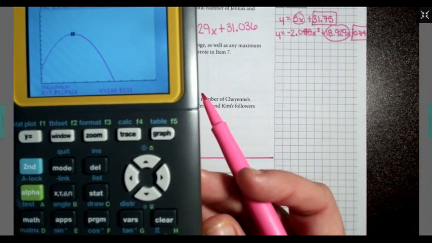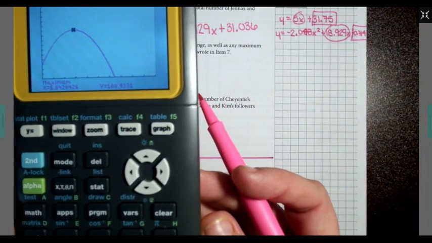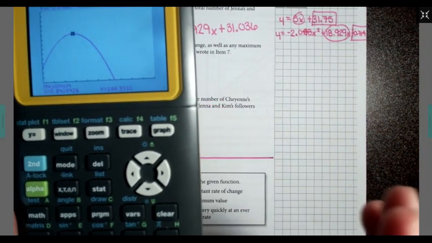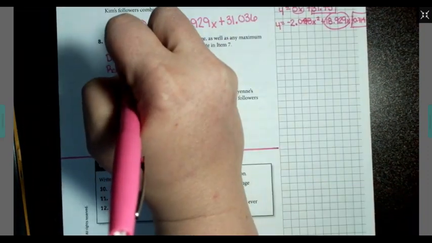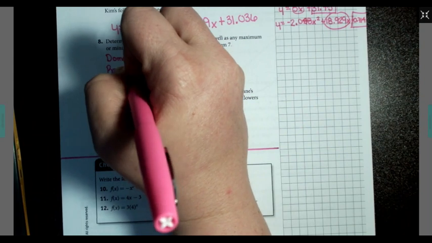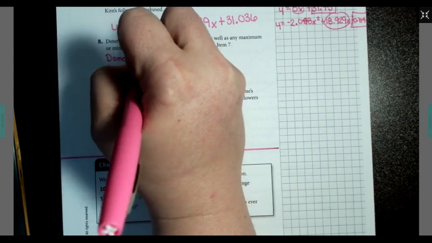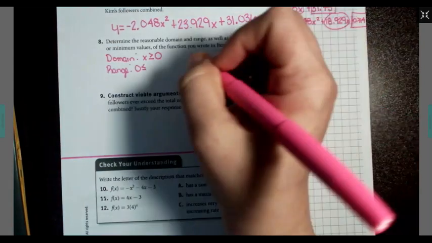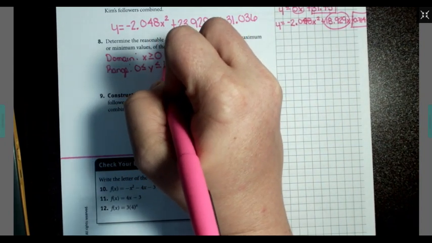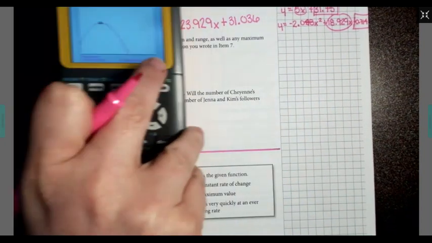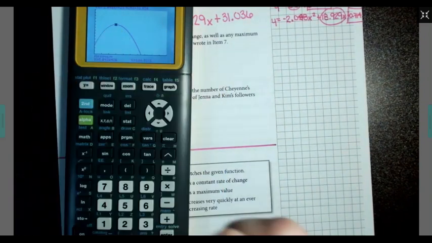So we have roughly 101 followers at its maximum. So my range is going to be 0, because I can't have less than 0, and I can't have any more than 101 because that is the maximum height of this graph.